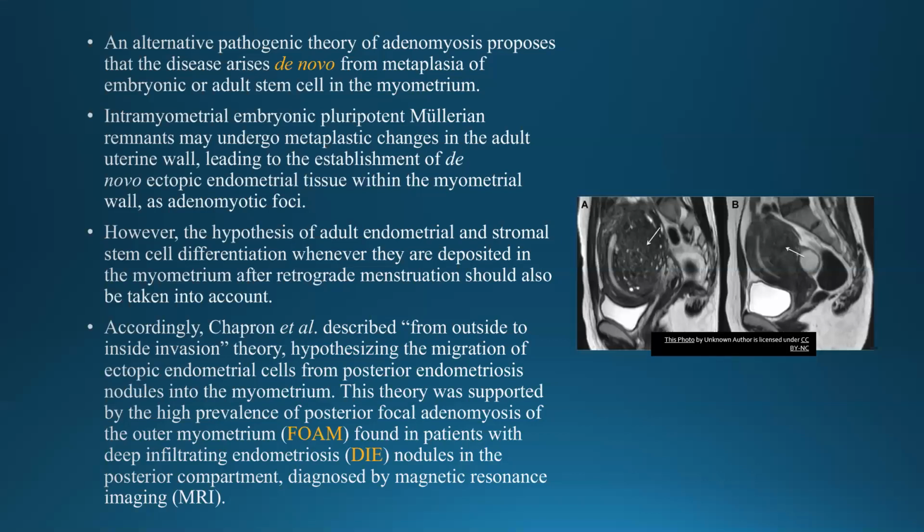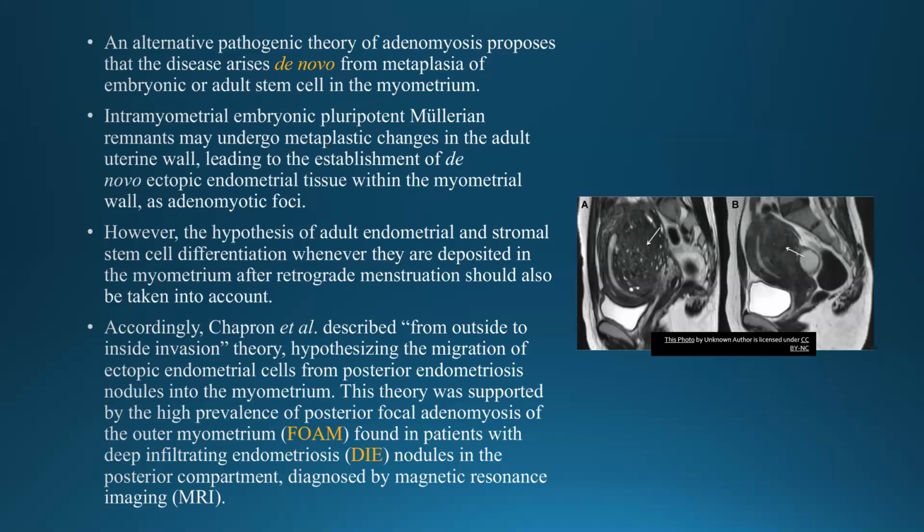They say that inside the myometrium there are adult stem cells or embryonic crests, and in adult life these embryonic crests undergo metaplasia. We know that metaplasia is a change of the type of epithelium from one type to another for adaptation.